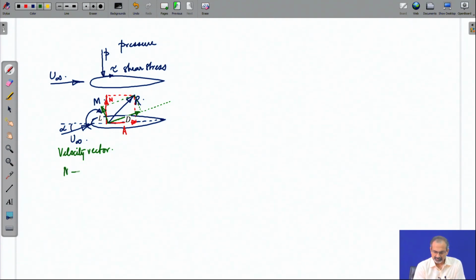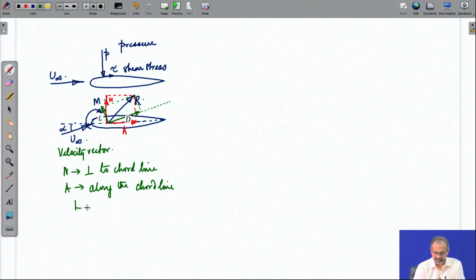So, N is perpendicular to the chord line, A is along the chord line, L is perpendicular to u infinity, and D is along u infinity.